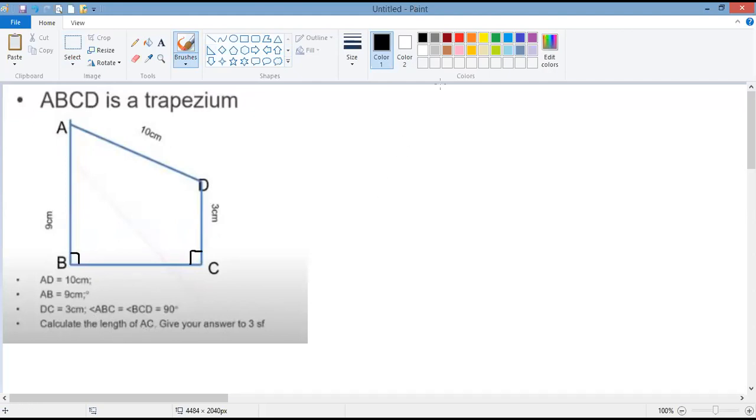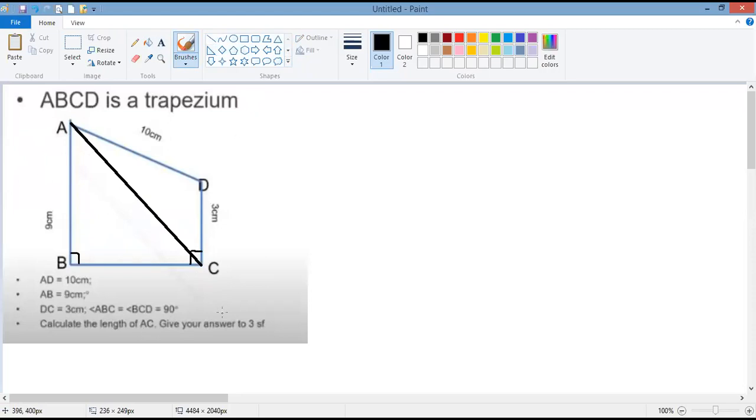Okay, so I use this black color. You should use straight lines, right? This length AC is the thing the question asks you to find out, the black color line. So how do you find it?